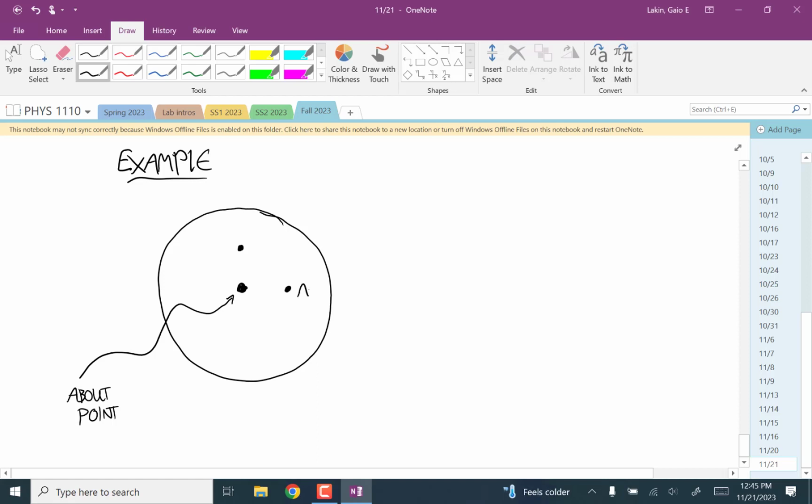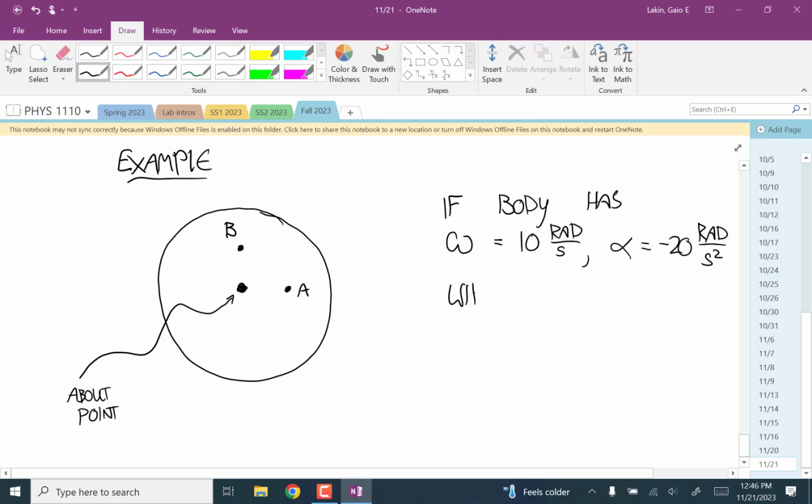Let's call them point A and point B. If the body has an angular velocity of positive 10 radians per second and an angular acceleration of negative 20 radians per second squared, we want to calculate the velocity vector and the acceleration vector at points A and B.